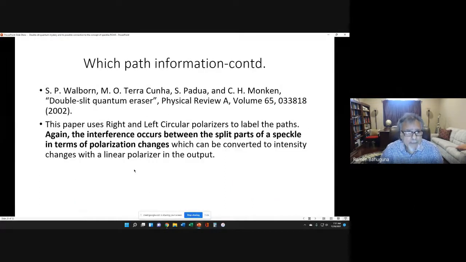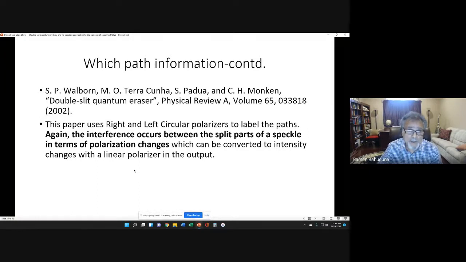All right. Similarly, there's another paper that appeared in 2002 where they placed right circularly polarized light on one slit and a left circular polarizer on the other slit. And again, the interference disappears. And when you place a polarizer in the output, you get back the interference pattern.